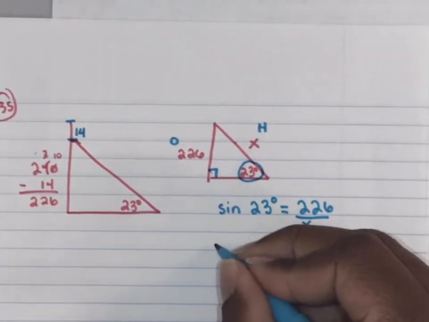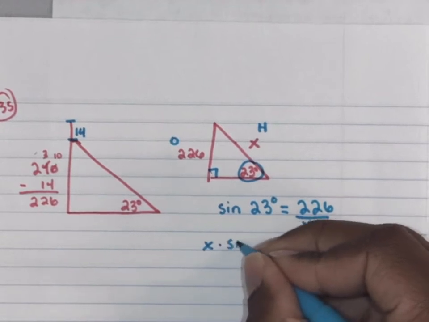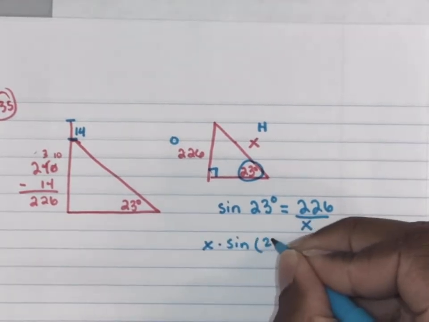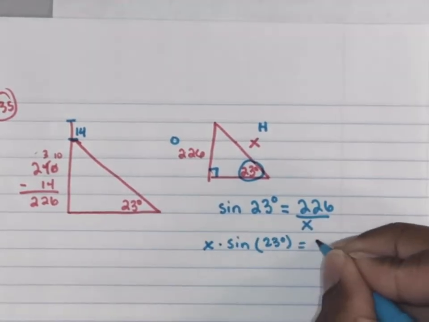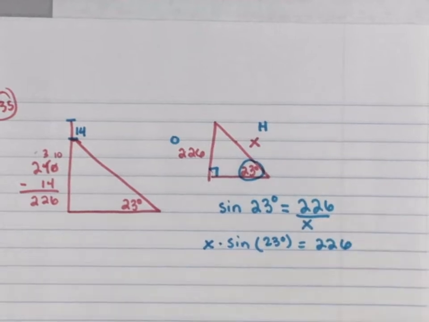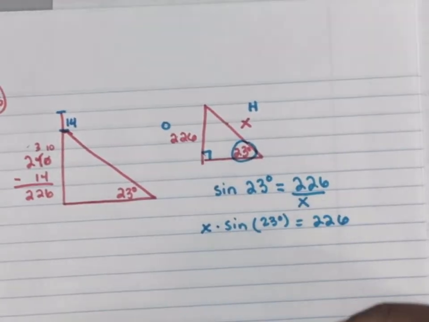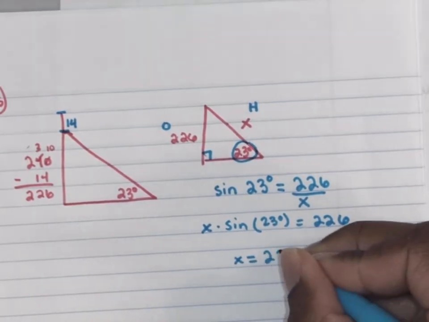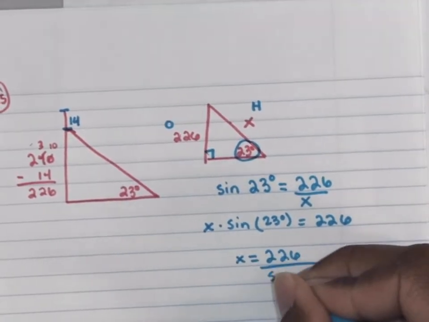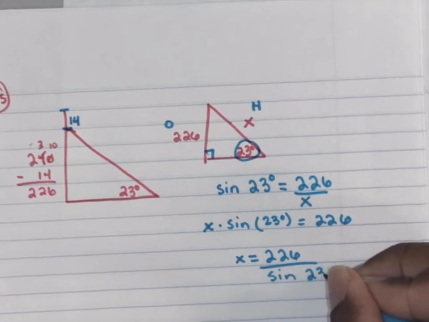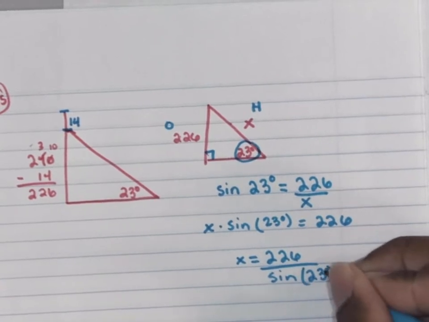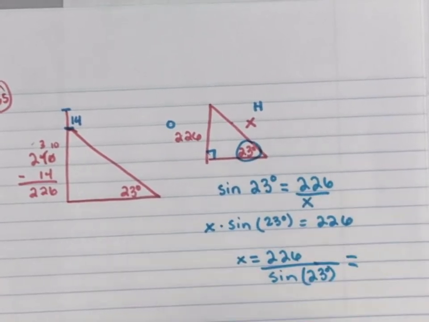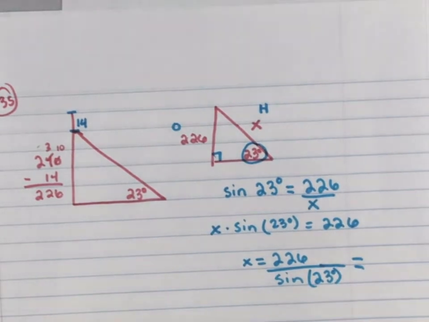I'll multiply x to both sides. And then I'll divide by sine of 23 to get x equals 226 divided by sine of 23 degrees. And this should give me my answer.